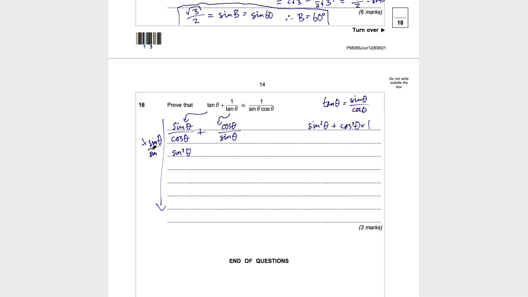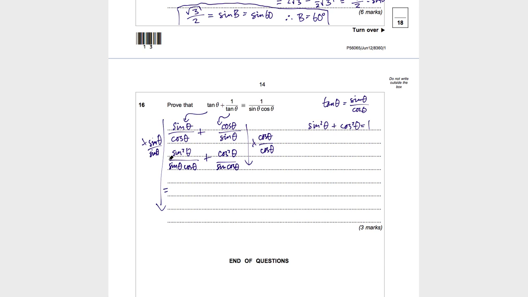Times by sine theta over sine theta, that side. Sine squared theta over sine theta cos theta. Plus this one I'm going to times by cos theta over cos theta. This is to get the same denominator without changing the value of the fractions. That gives me cos squared theta in the numerator over sine theta cos theta in the denominator.